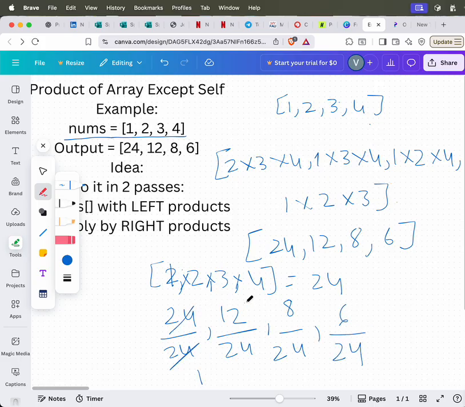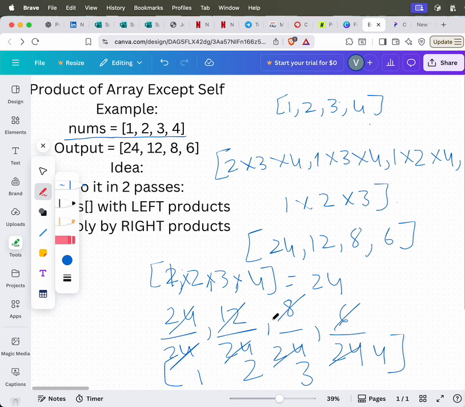So this is 1, this is 2, this is 3, this is 4. You can do this, but you can't, because the interviewer said you can't do division. So how do we solve this?